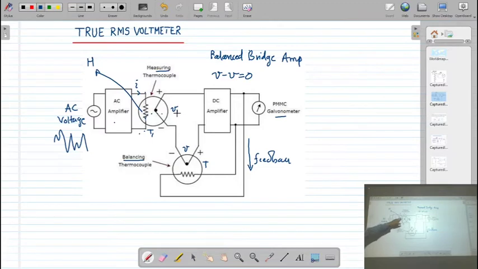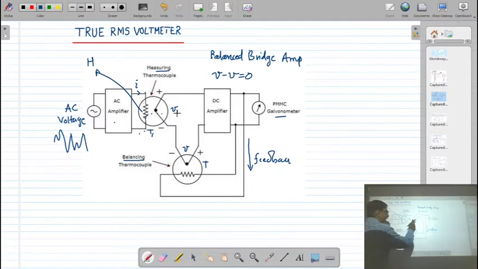Due to this current, heat is produced, and due to the heat, the temperature of the resistance is going to increase. So the EMF of this measuring thermocouple also increases, and it becomes V1.